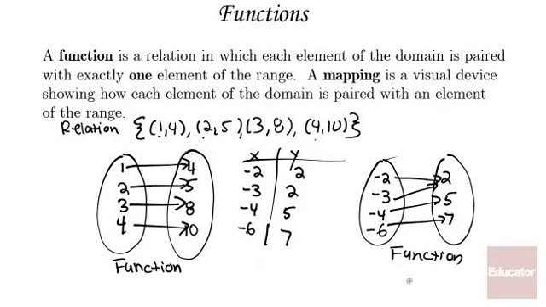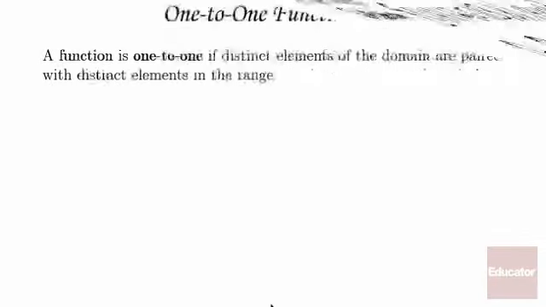What's not allowed is if I had 1, 2, 3 and 4, 5, 6, and I had 1 paired with 4 and 1 paired with 5. So if you have 2 arrows coming off an element of the domain, then this is not a function. So here's 2 examples of relations that are also functions.